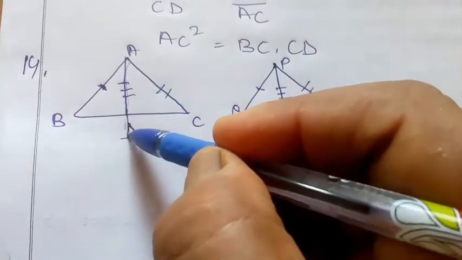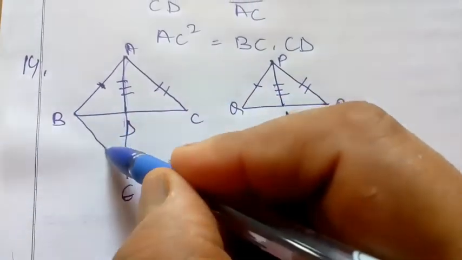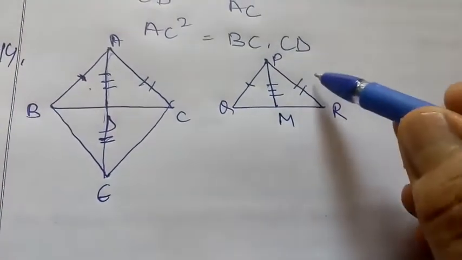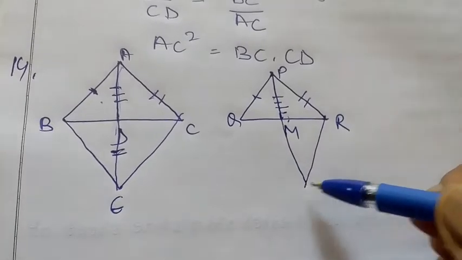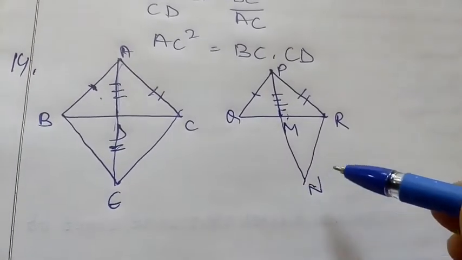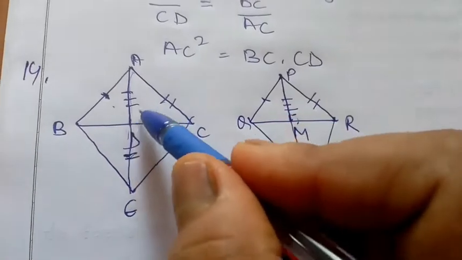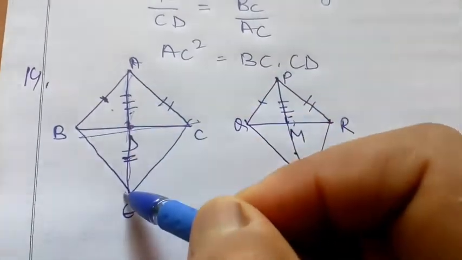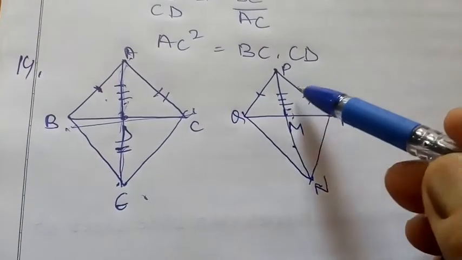Produce AD to E such that AD equals DE, and join. Similarly PM equals MN. D is the midpoint of BC and of AE. Therefore, ABEC is a parallelogram.